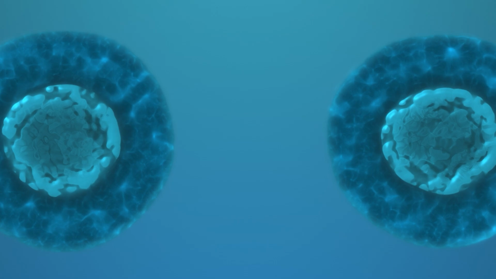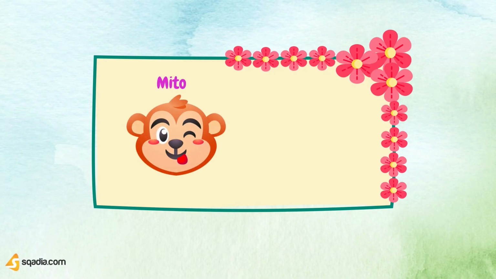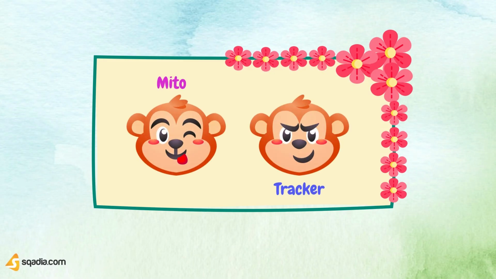Apparently normal fraternal twins, Mito and Tracker, were born, and molecular analysis showed they had mitochondrial DNA only from the cytoplasmic donor. The success of the monkey experiment led the government of the United Kingdom in 2015 to approve clinical trials of mitochondrial gene therapy in humans. As of this writing in 2016, the US government is still debating the ethics of this new technology.